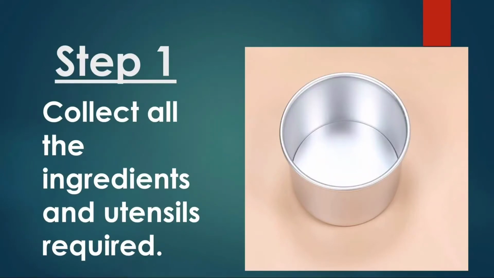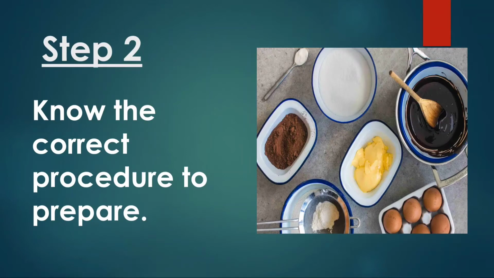So in the first step, we found that for making a cake, we first need the utensils and the ingredients. Now I have collected the utensils and the ingredients. Now we will move to the second step. In the second step, after having all the utensils and all the ingredients, we have to know the correct procedure to prepare.